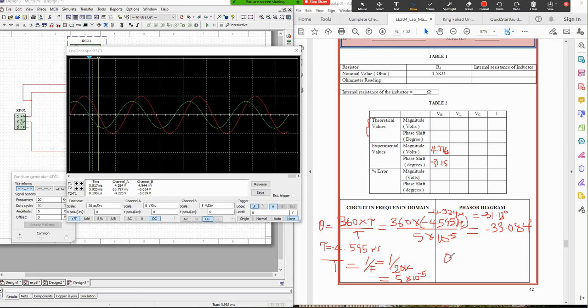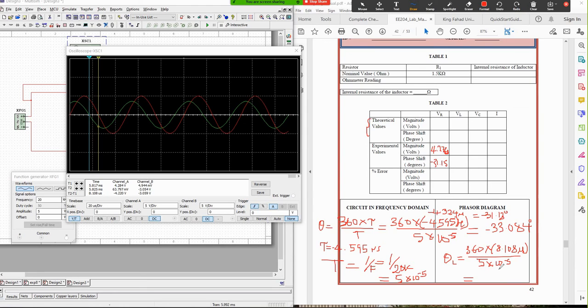So you come and say theta L in the inductor is 360 times 8.108 microseconds divided by 5 times 10 to the power of minus 5, which is the period in seconds.